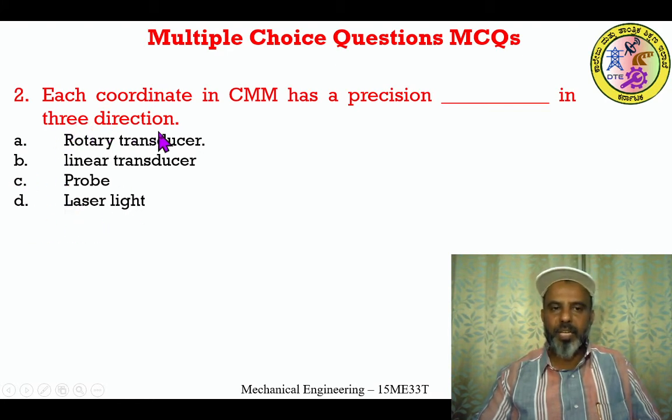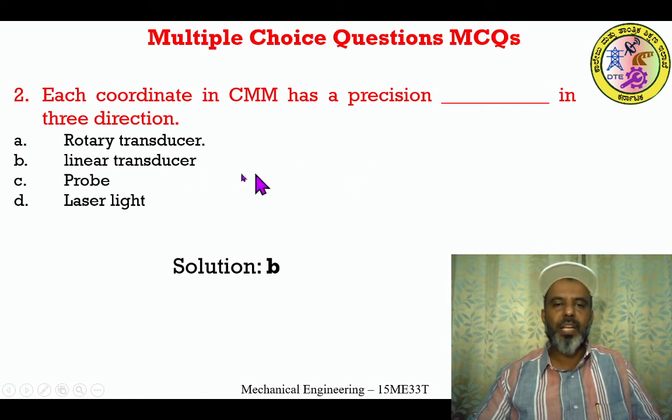Since it mentions 3 direction, guess within 15 seconds; the answer will appear. Yes, the answer has appeared. It is B. Since it mentions 3 direction, linear transducers are mounted. These linear transducers sense both positive and negative directions, and also give the digital display.